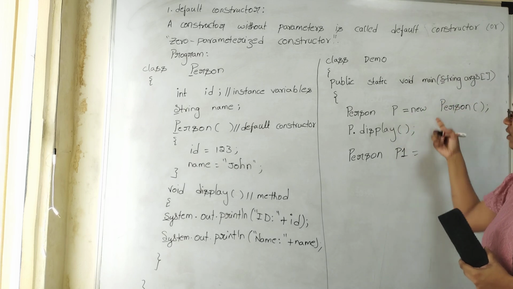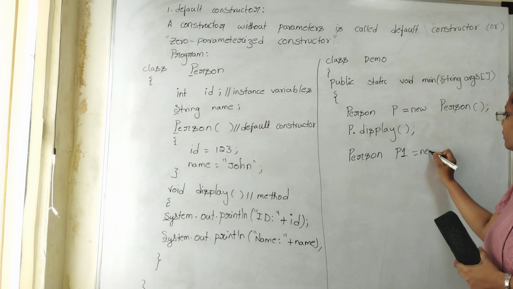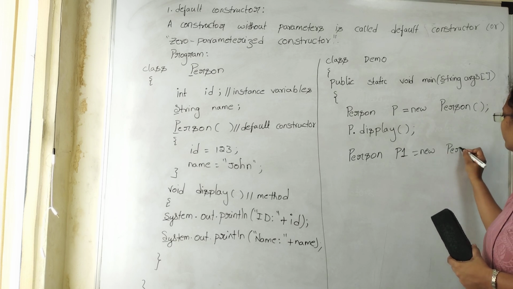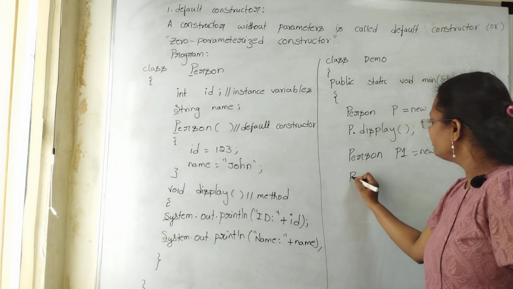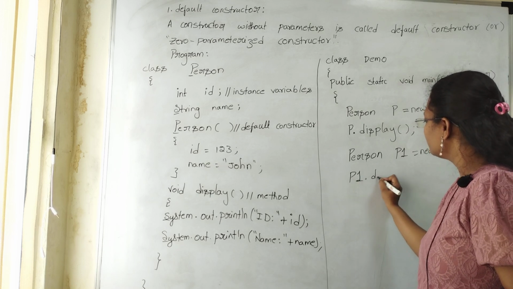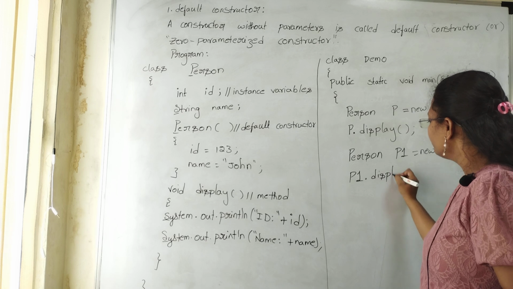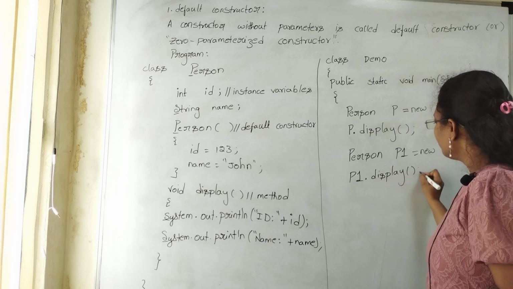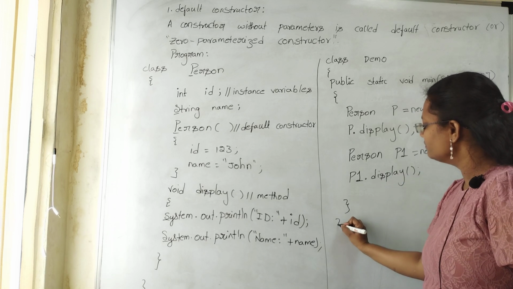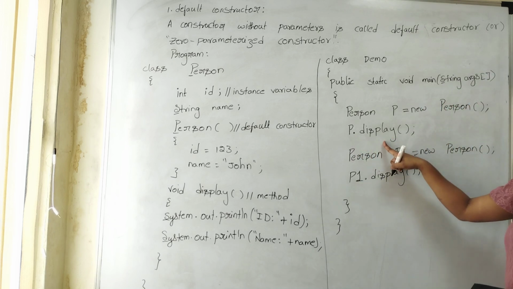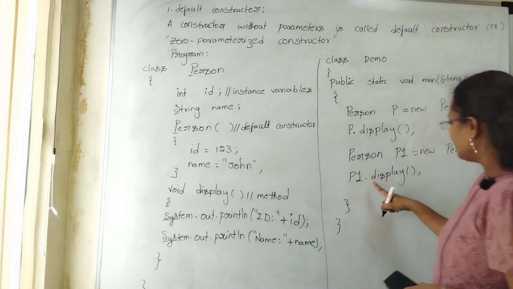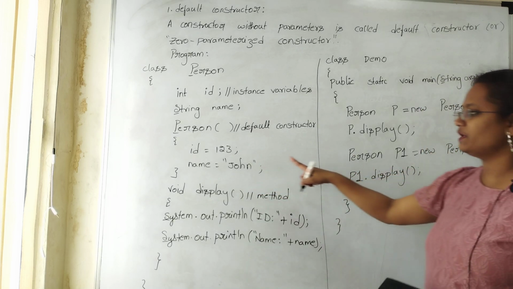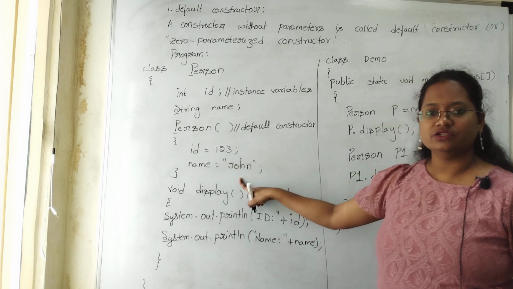P is one object, P1 is another object. New person, P1 dot display. When you execute this program, the P object will call the same data 1, 2, 3 John, and the P1 object also calls the same data 1, 2, 3 and John.